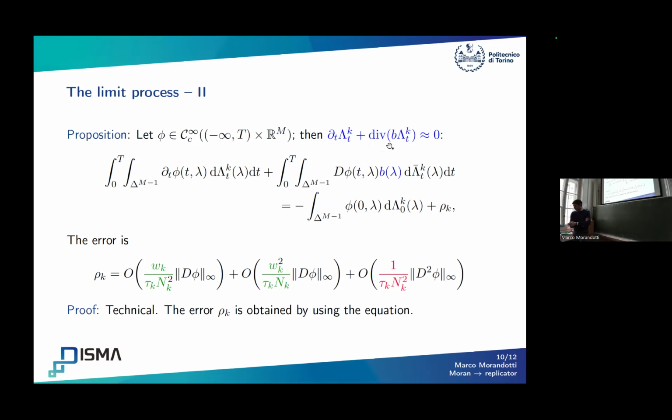And one other thing that I want to stress here, not in color, is the field B in the right-hand side of the replicator equation. So this B here is the one that was in the first slide about the replicator equation, the one that measures how good my strategy does with all the others.